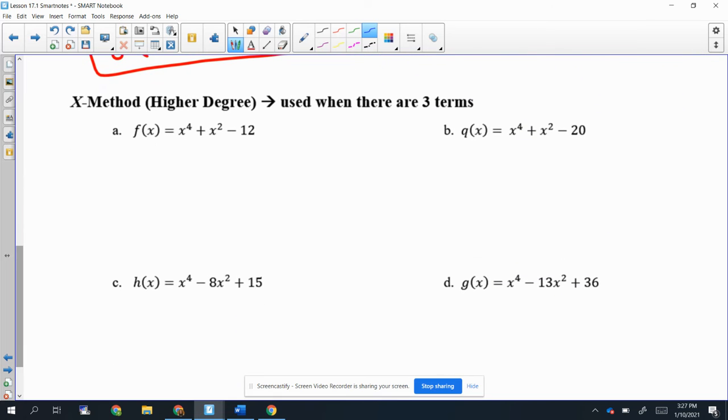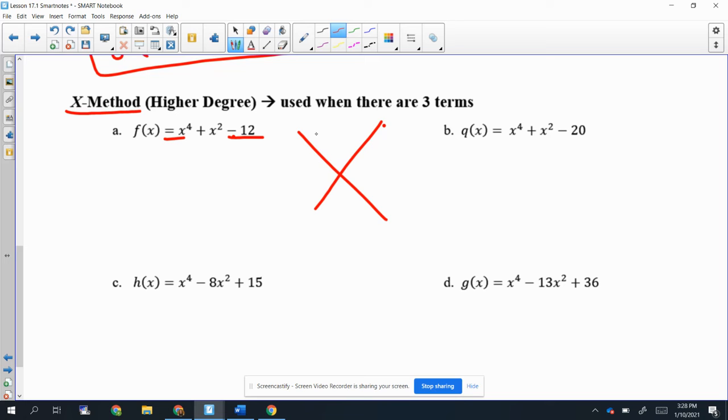Okay. Up next, we're going to move into higher degree polynomials. So obviously, we've now dealt with some cubed functions, but now what if we have an x to the 4th? Okay. So this is actually going to bring us back to our factoring of quadratics because we're going to use the x method. Okay. So remember with your x method, you put your a times your c value on top.